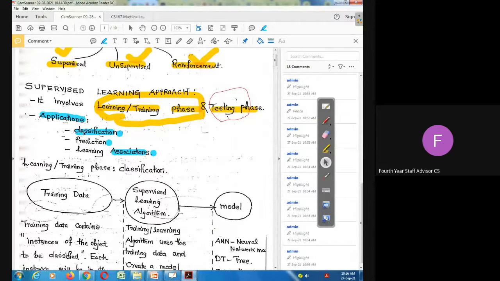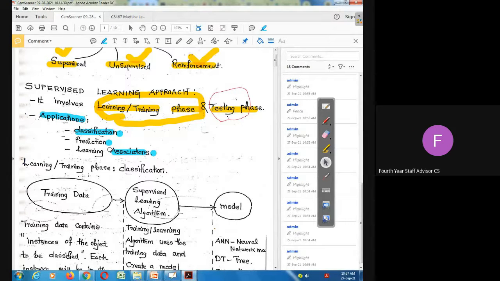So for solving classification problems we will use a supervised method. Then for solving prediction problems, what is a prediction problem? The best example is weather forecasting. I want to predict the weather of tomorrow, that is, the weather in the future.